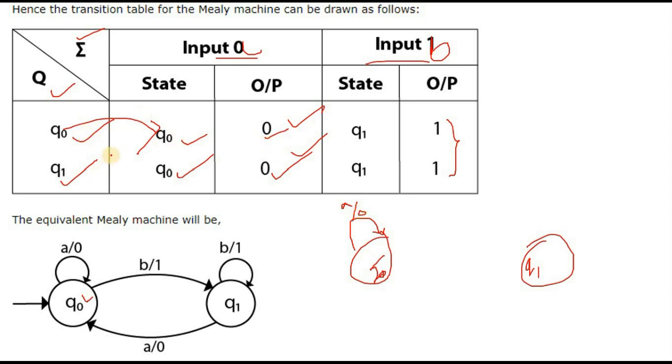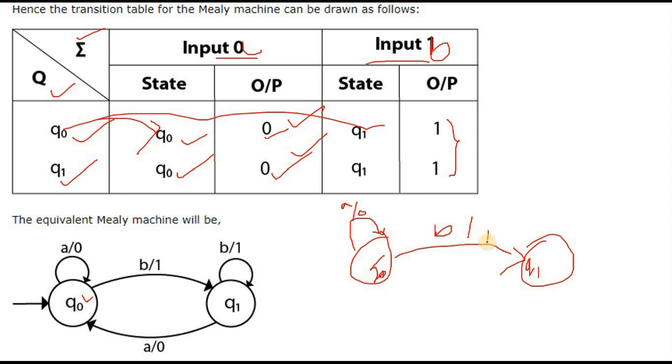Next, Q0 to Q1. This is the next state. So Q0 to Q1 with input B, output is 1.